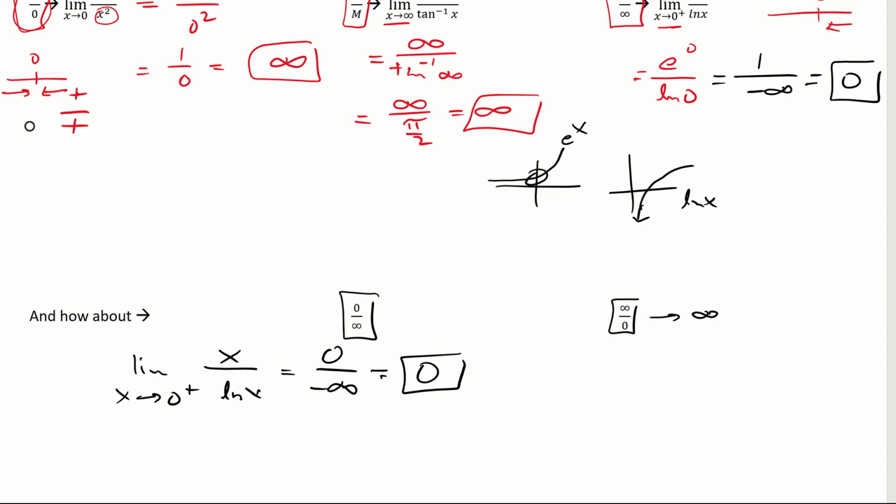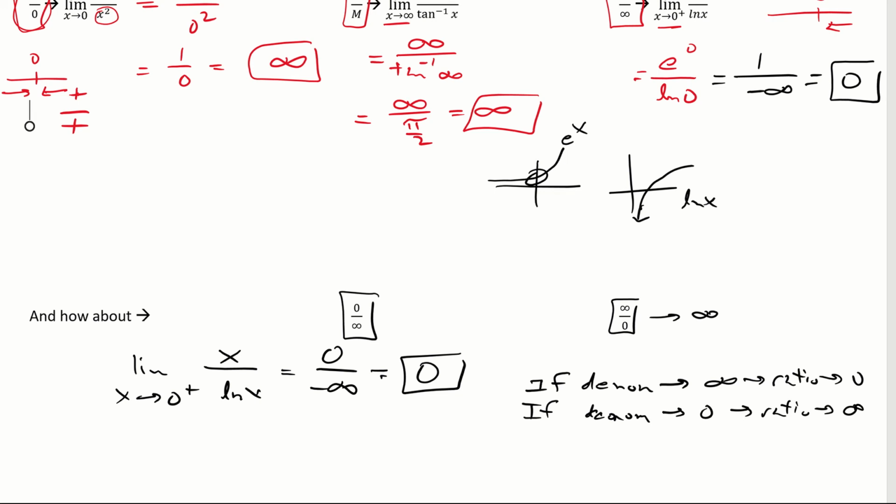And it's good to look at that. If the denominator goes to infinity, the ratio goes to 0. If the denominator goes to 0, guess what? The ratio can go to infinity, and vice versa, okay?